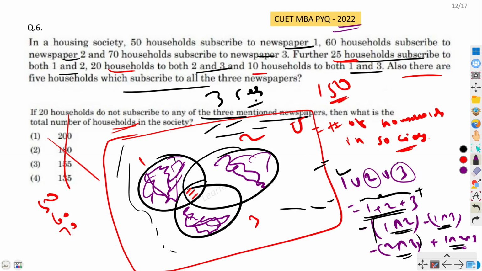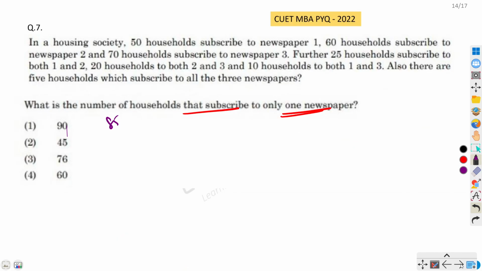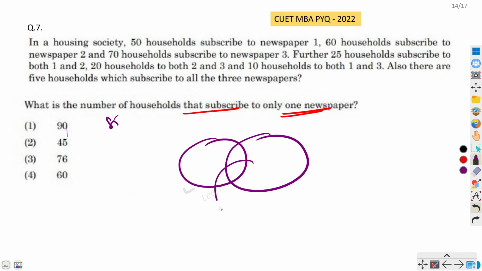So let us draw again these 3. We have 50 for all, but let's not fill that one first. Let's say we have 5 in this portion. Let's say this is 1, this is 2 and 3.